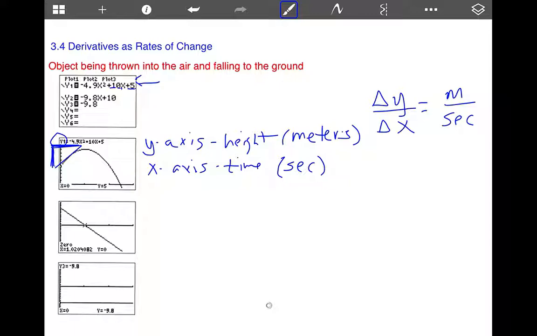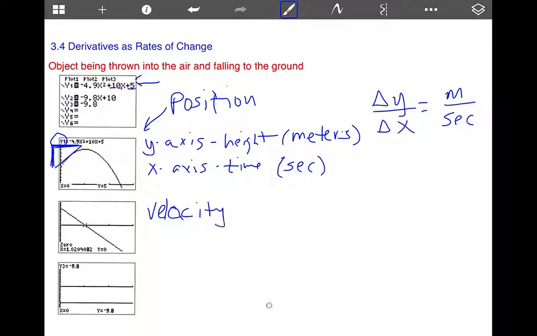Now that's all fine and good, but here's the thing. When we take our derivative, remember our derivative is a function that generates the slope of the tangent line at any point. If I take the derivative of this position graph, then I'm going to get my velocity graph.